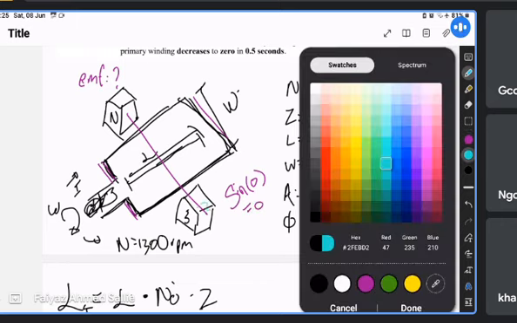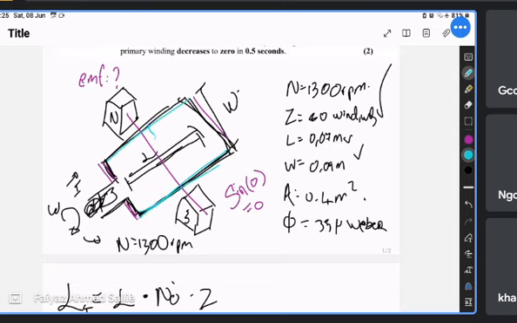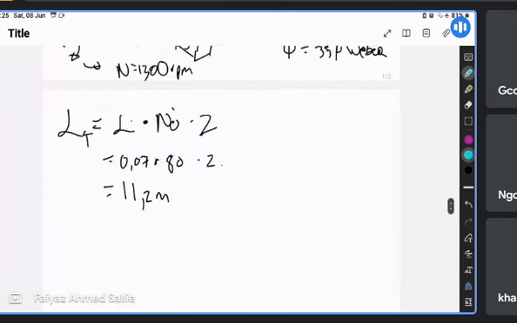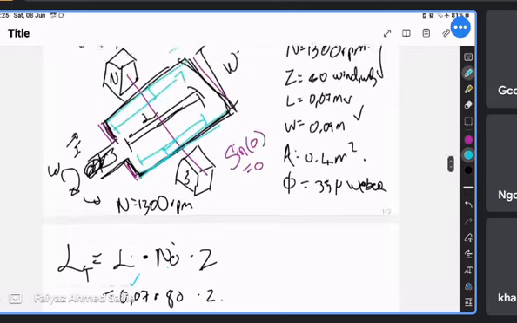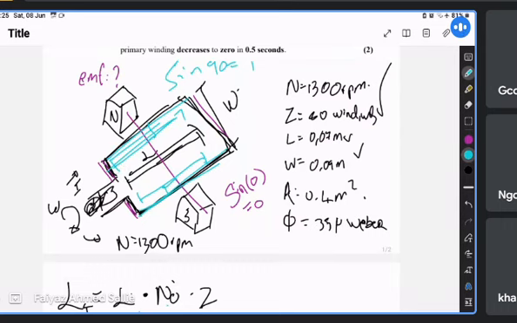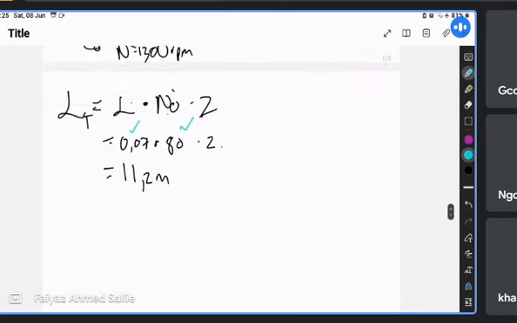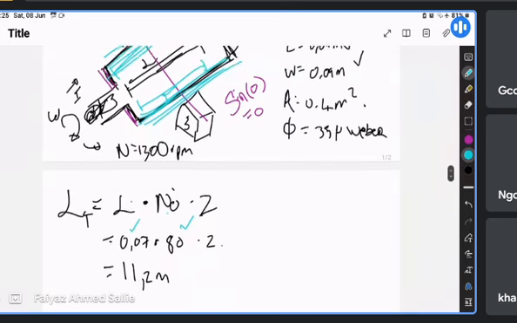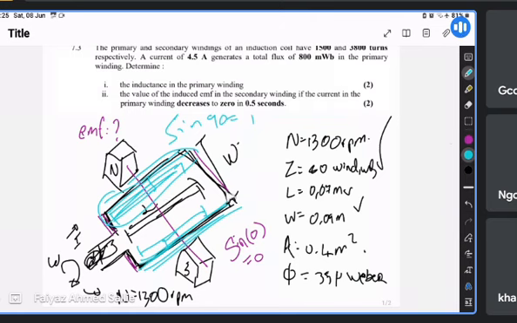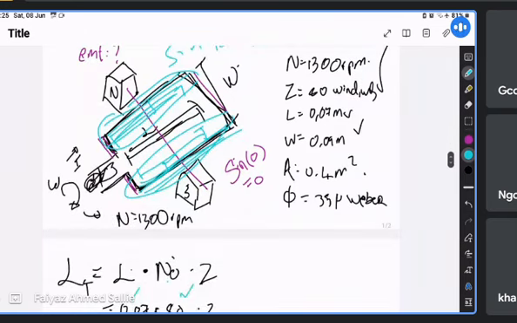But these ones here are perpendicular. When they're perpendicular, sine 90 equals 1. So then we're only going to use this length and this length. So our formula is that length times the number of windings. Remember, there's not just one wire, there are multiple wires here and multiple wires over here. So that's why 80 wires. And why the 2? Because there are two conductors. Here's a conductor here and a conductor here. So don't forget to multiply by 2 because of the two conductors.